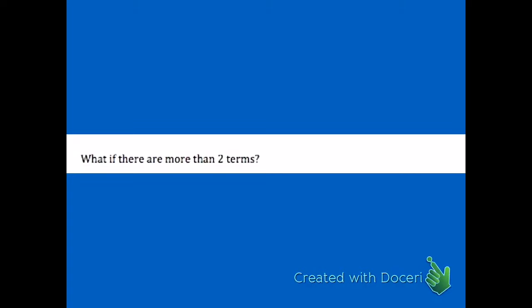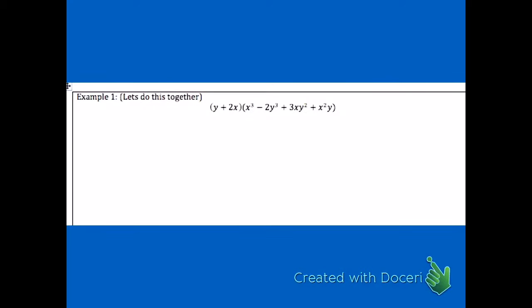So that mnemonic of FOIL is all well and good, and the idea behind multiplying every term by every term is really the idea. So we need to look at what if there are more than 2 terms, and we need to keep in mind that that's where it's important that we're just making sure we multiply every term by every term. So let's take a look at example 1 together. There are a couple of different typical setups.